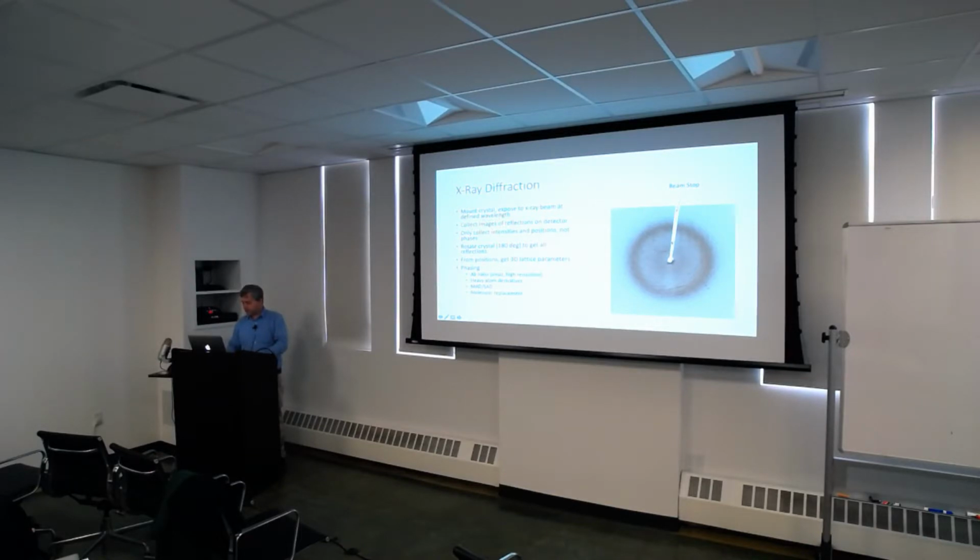This would just be from one particular view of the crystal, and what you actually have to do is rotate the crystal in the beam and take a whole bunch of pictures to get all of the different views and diffraction spots. Generally, I think you rotate 180 degrees to fill Fourier space. If you have some symmetry in your crystal, you technically don't have to rotate the full 180 because you can take advantage of the symmetry, and then you can rotate less.